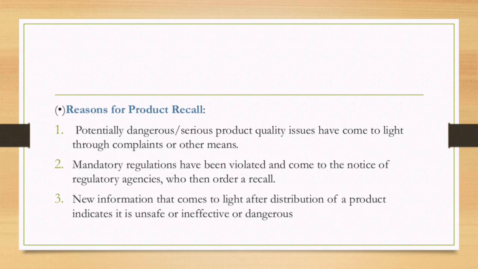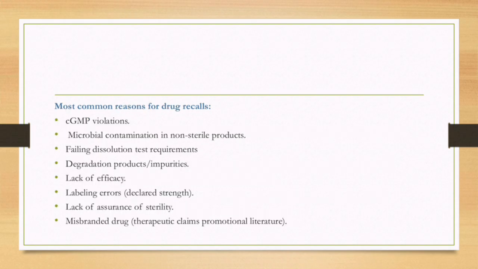The reasons for the product recall. First, potentially dangerous, serious product quality issues that have come to light through the complaint or the other means. Second, mandatory regulations have been violated and come to the notice of the regulatory agency who then order a recall. Third, new information that comes to light after distribution of the product indicates it is unsafe or ineffective or dangerous.